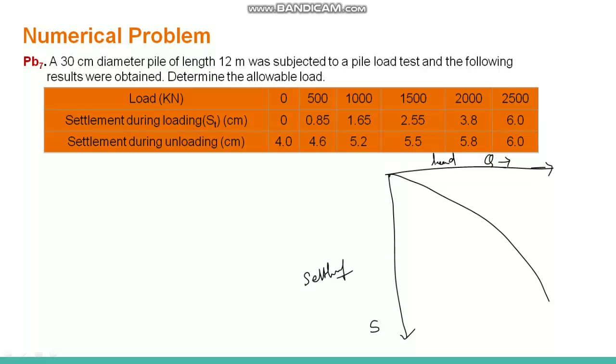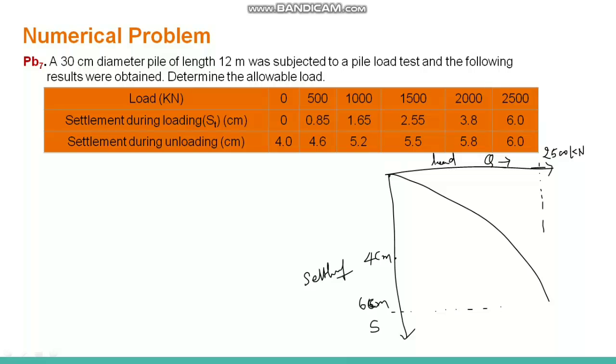Here the settlement value is 6 centimeters, and the load is 2500 kilonewton. Then, 6 centimeter. So now we are unloading. At zero load, the settlement at this point is 4 centimeter.